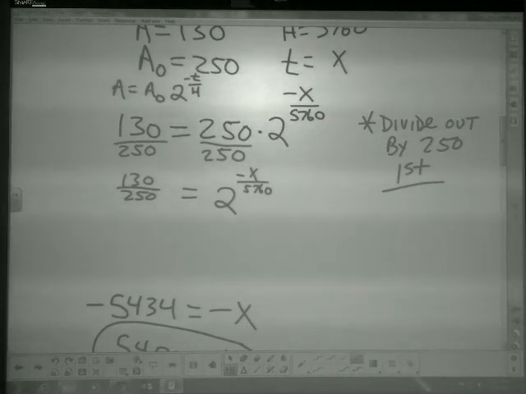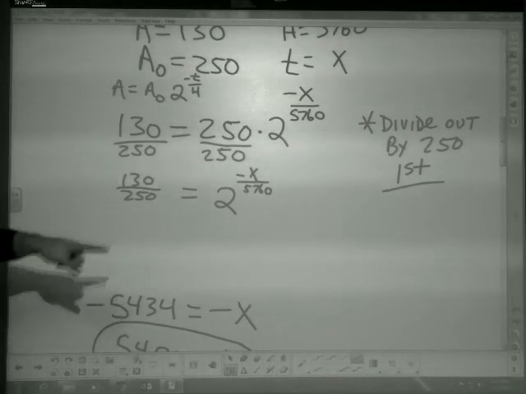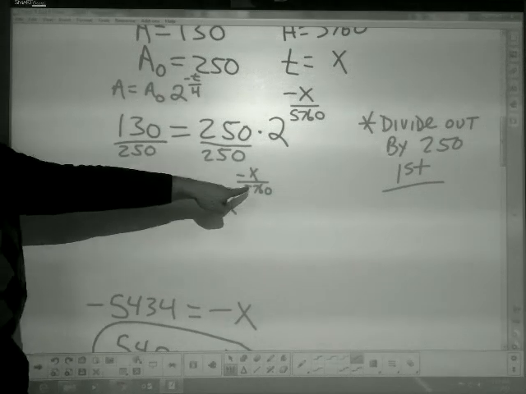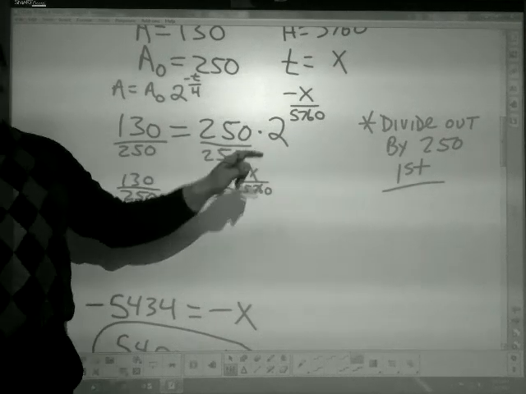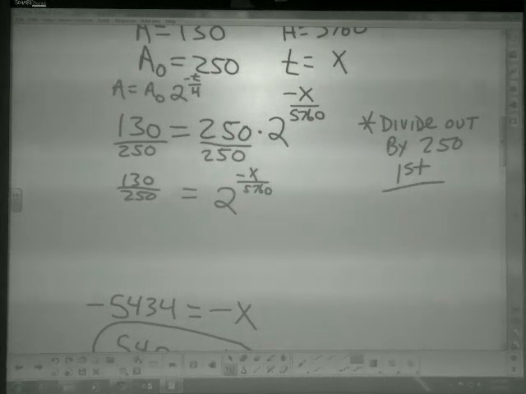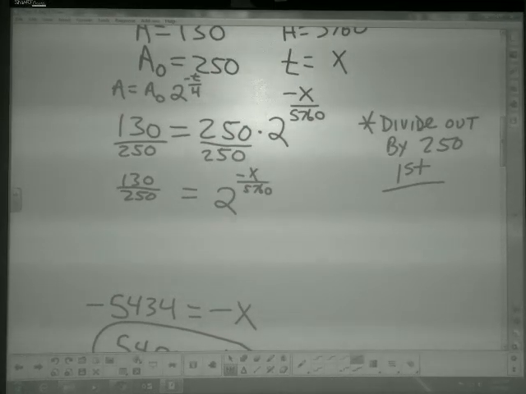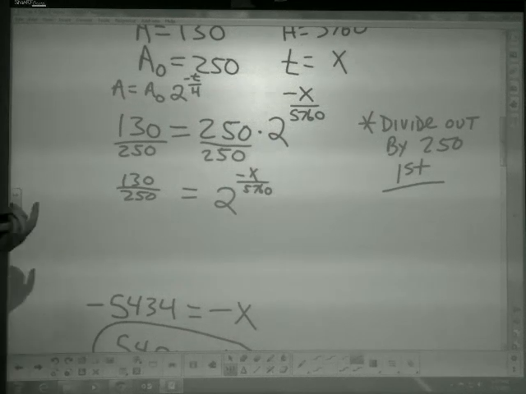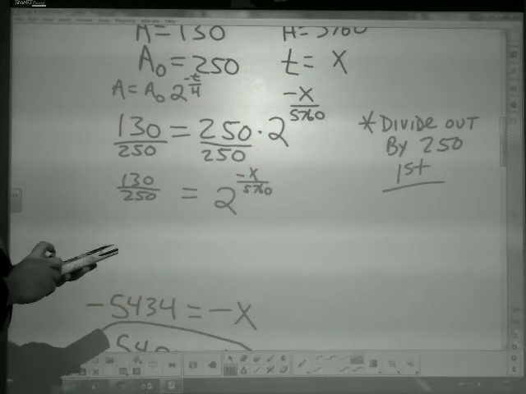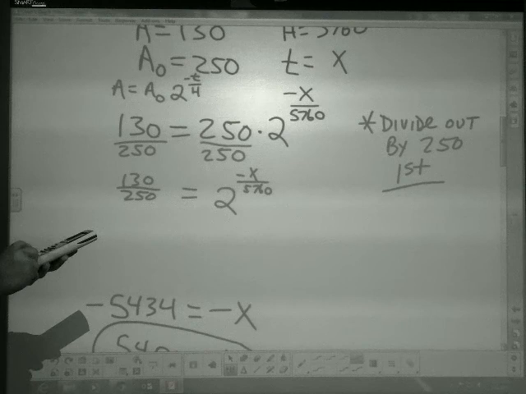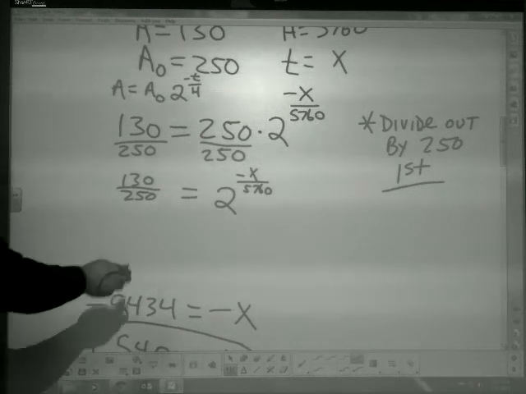Now, how do I undo the exponent? I take the log of both sides. So I got 130 divided by 250 is 0.52.